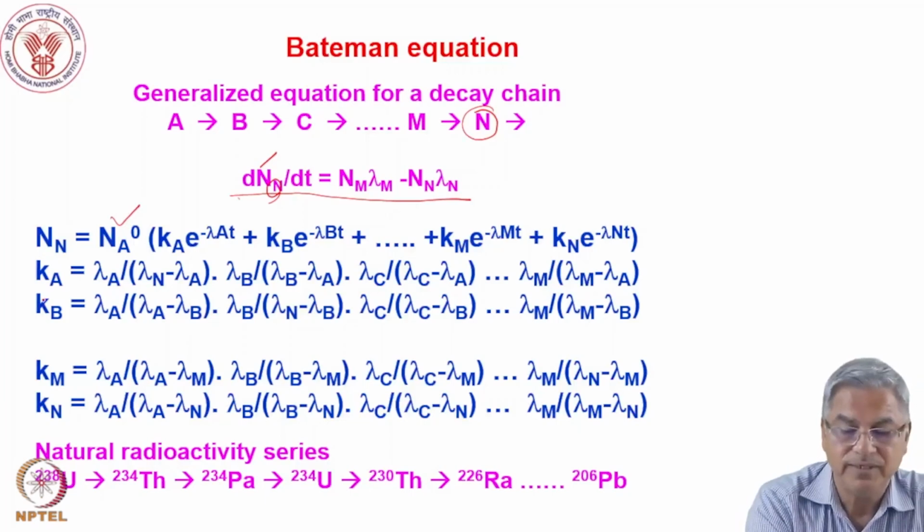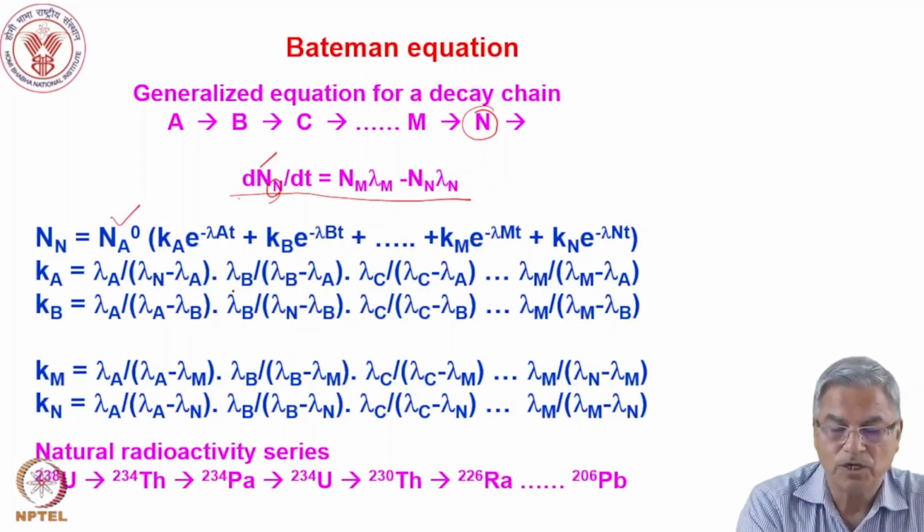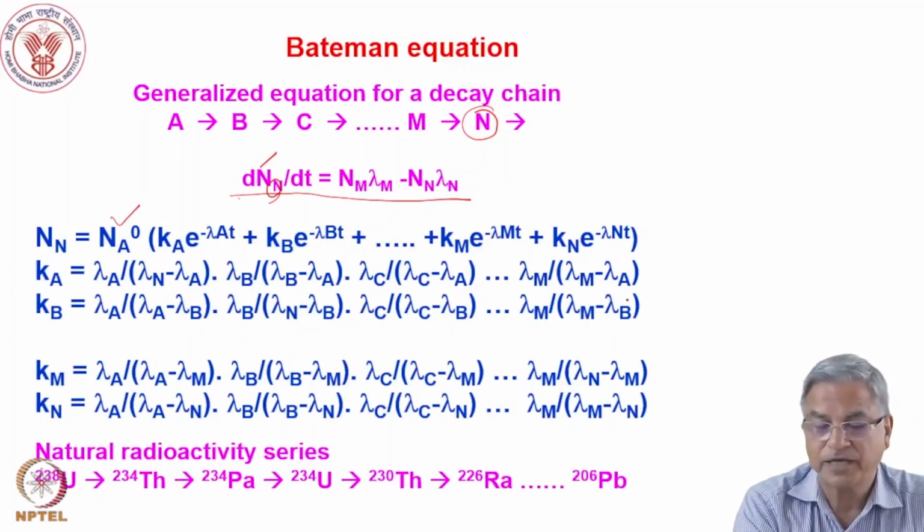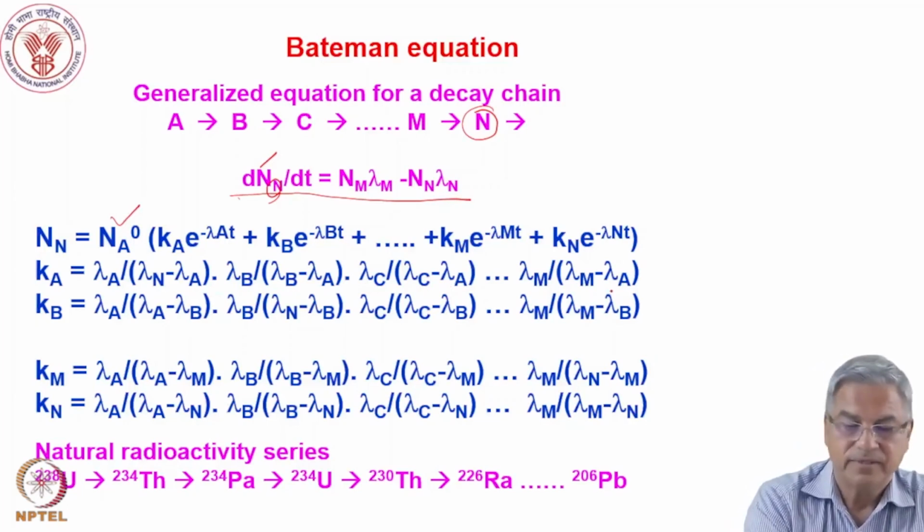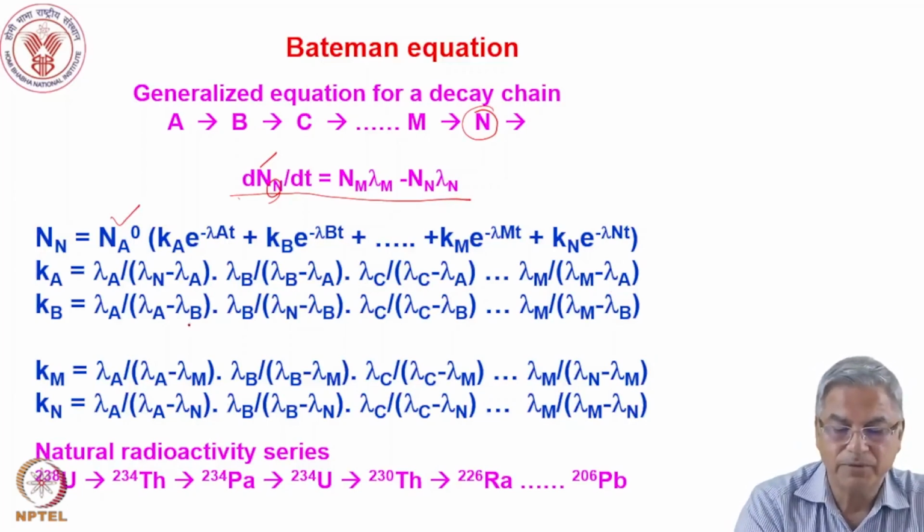Ka will be lambda A upon lambda n minus lambda A, lambda B upon lambda B minus lambda A. So you can see lambda A is in the subtraction mode, minus lambda A in all terms. Kb is again lambda B minus lambda B everywhere, and likewise Km and Kn.